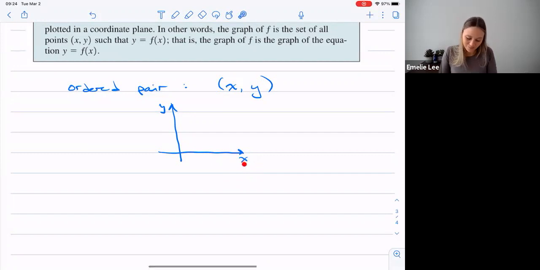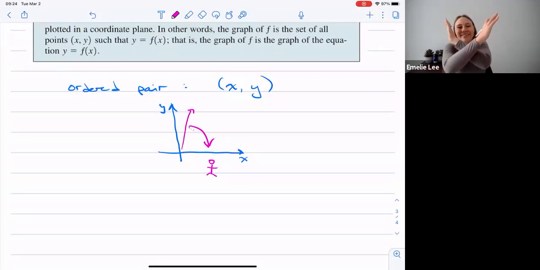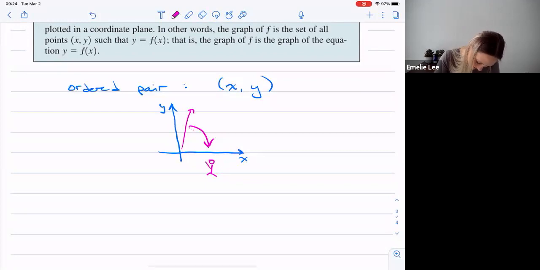But she said, I have to remember it like this. So I just imagine a little guy, and the x-axis is falling on this little guy down here, and he's going, no, like this.